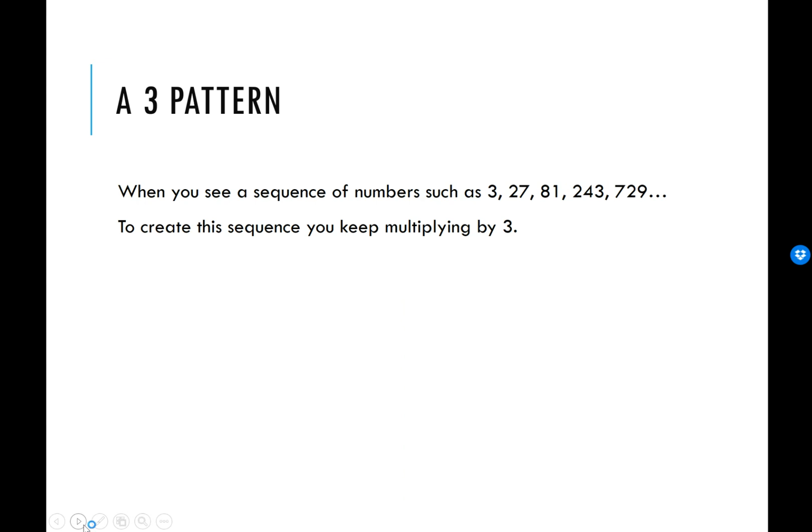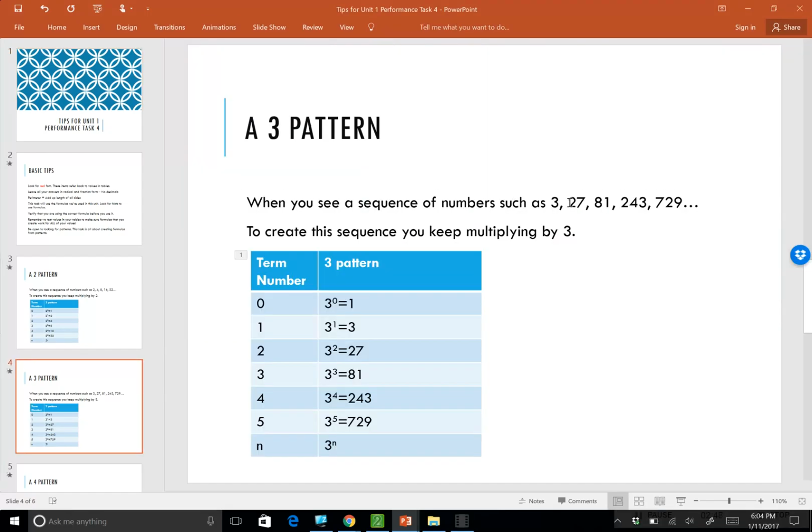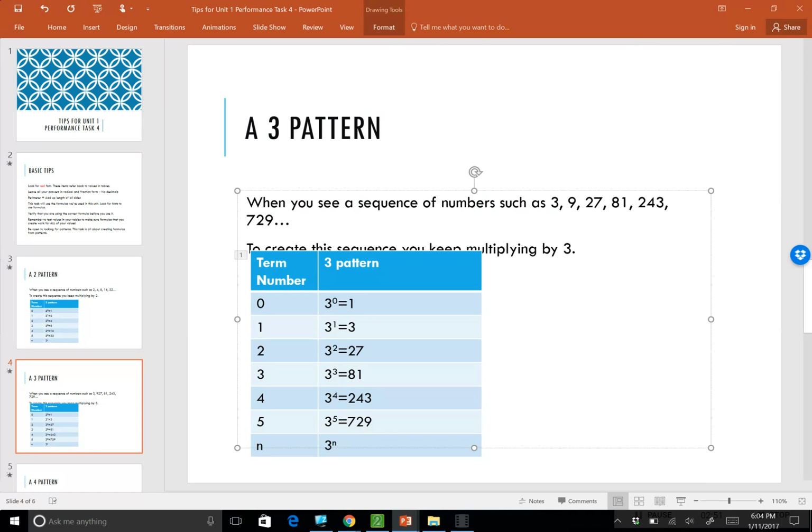So we could do something similar with 3s. So for the 3s, we would be looking at 3. I'm missing something there. There should be a 9. It should be 3, 9, 27. So my numbers are a little bit off here. Let's just fix that. 9, 27, 81, and 243, and so on.